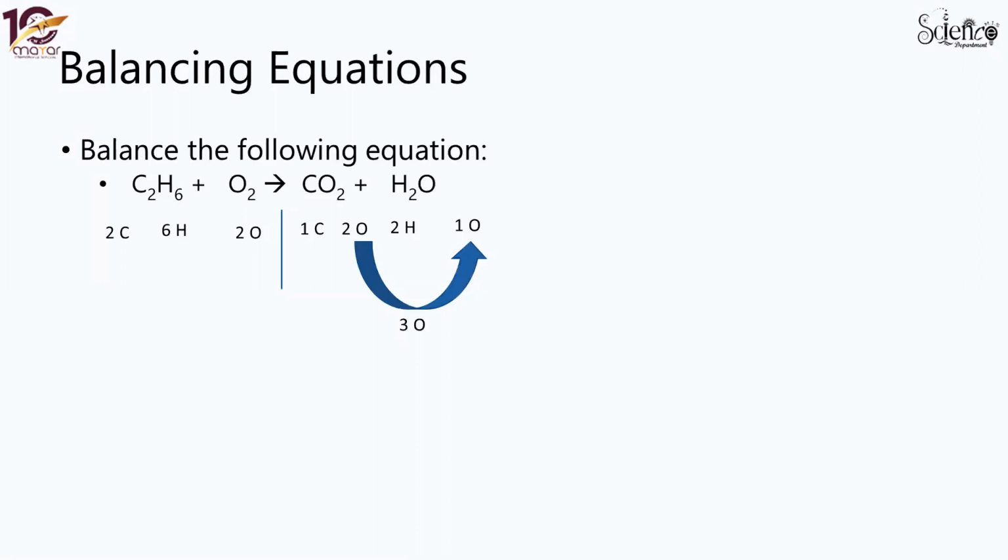So let's start with carbon or hydrogen, up to you. Let's start with hydrogen, I think it's easier. Easy numbers here, 2 and 6. Okay, what can I do? Remember, you cannot divide, you cannot add, you can only multiply. So yes, Nabi. Any ideas what to do here?